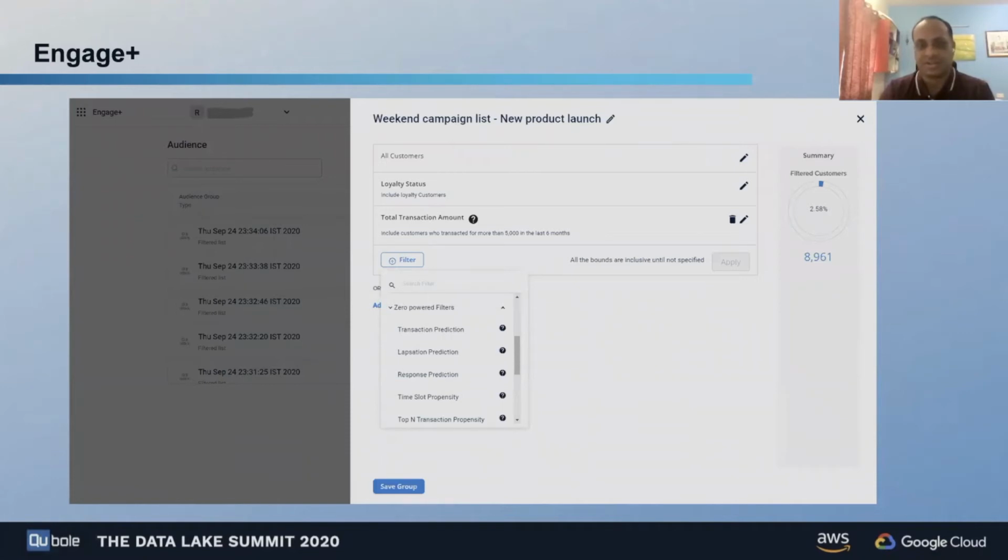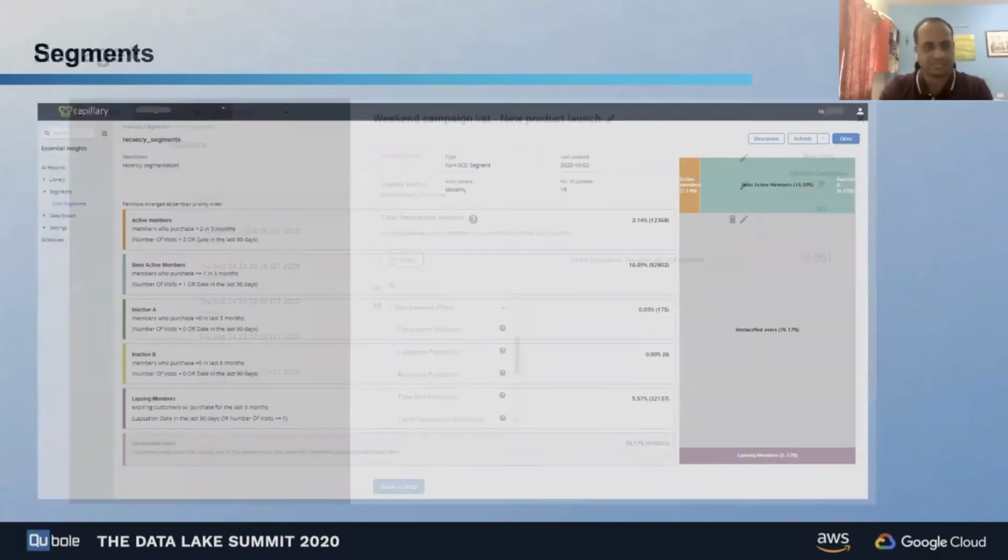Give me all the users who have transacted more than 5,000 in the last 6 months, and who have a high propensity of buying in the next 6 months, and we would target them with a new product launch. So that's the use case that would essentially lead to our query server and lead to a query on the data lake to filter out those customers. And to note here is that these are interactive in nature.